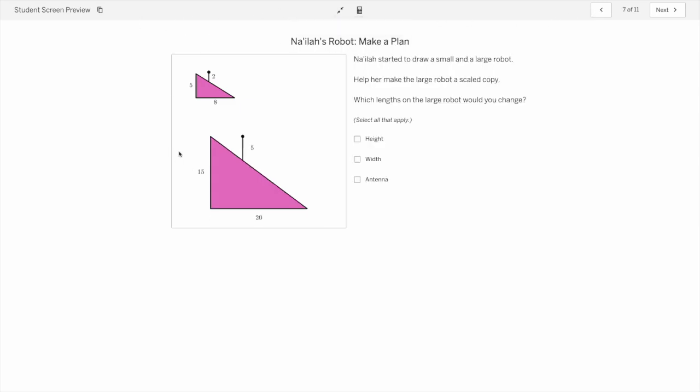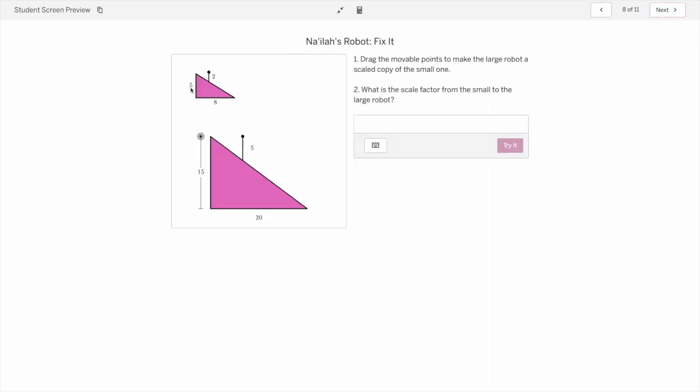Another thing we can do is change the relationship of the height so that the relationship has a scale factor of 2.5. So 2 times 2.5 is 5, 8 times 2.5 is 20. We're going to change the height. So 5 times 2 is 10, and half of 5 is 2.5.